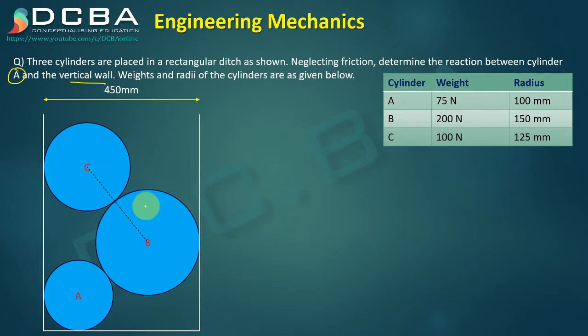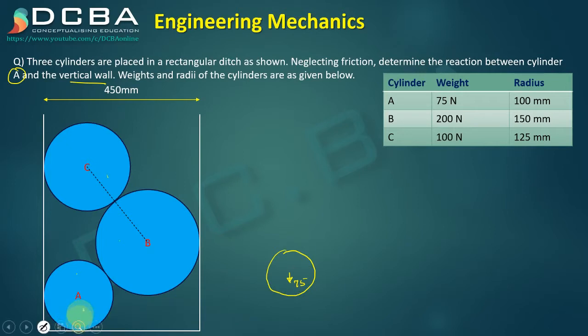To understand which cylinder we should start with, whether A, B or C, we should draw the free body diagrams, and only then will we understand which cylinder to start with. Drawing the free body diagram of A, we have its weight which is 75.